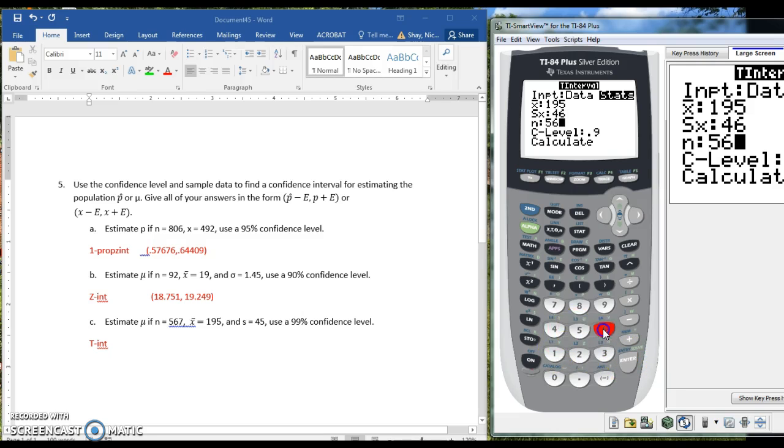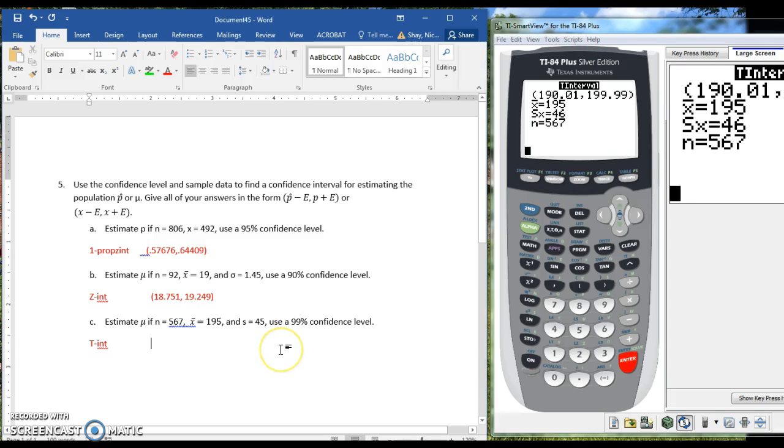Number is 567. And our confidence level is 99%. So let's run that one. This time our t-interval is 190.01, comma, the upper end is 199.99.